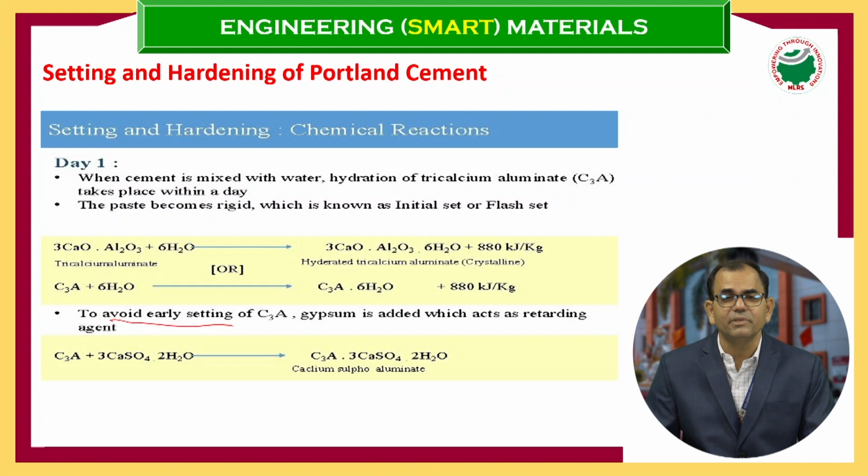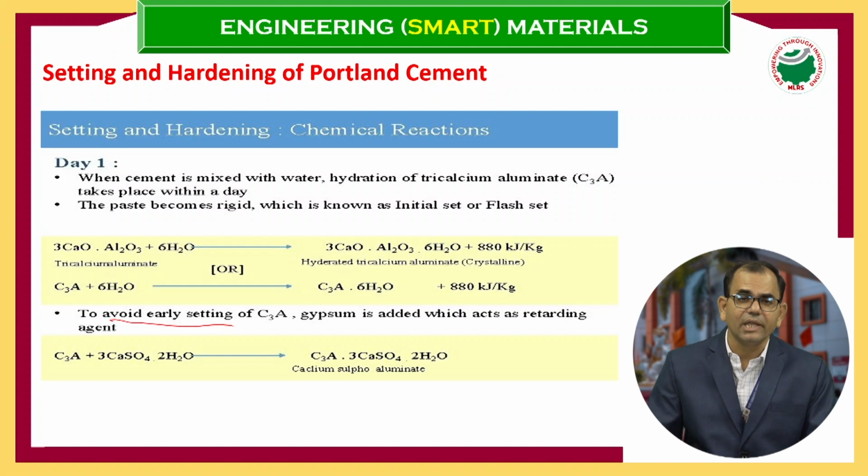So there should be some prolonged time interval, at least 2 to 3 hours. With that, it can be molded based on the desired construction. Otherwise, if it quickly becomes hard, then we cannot use it and we cannot control its hardening time.